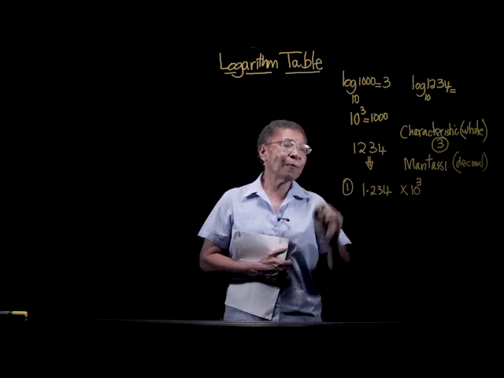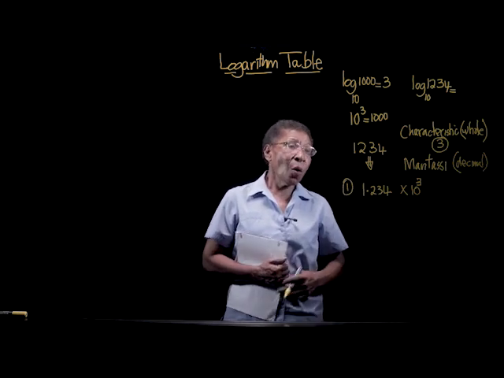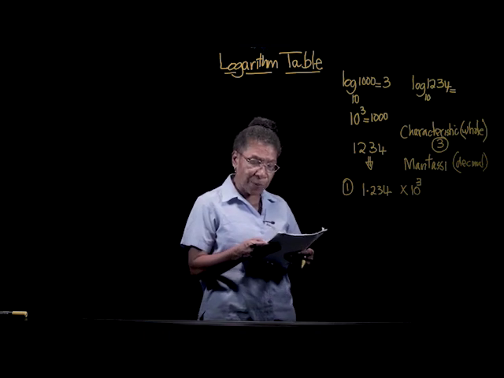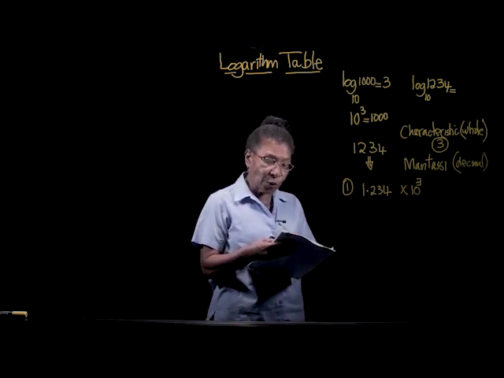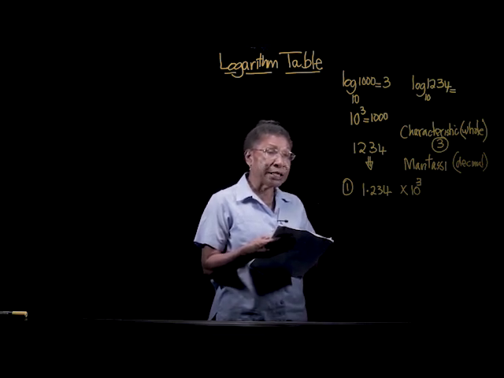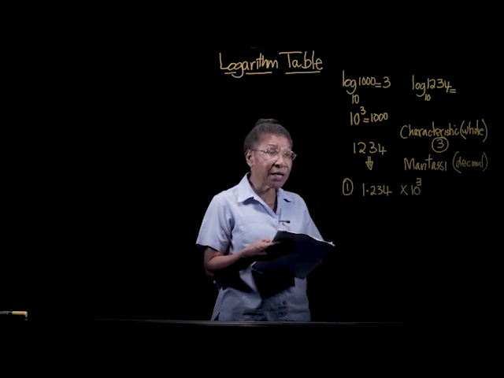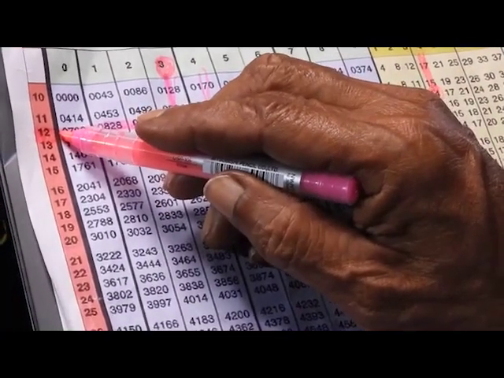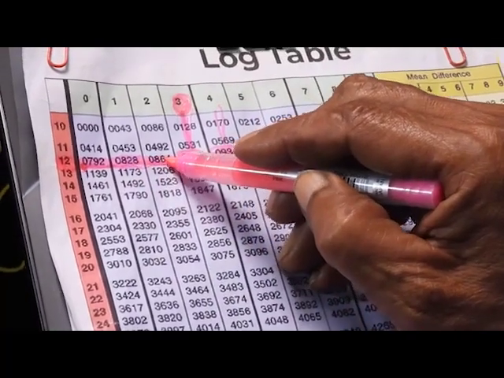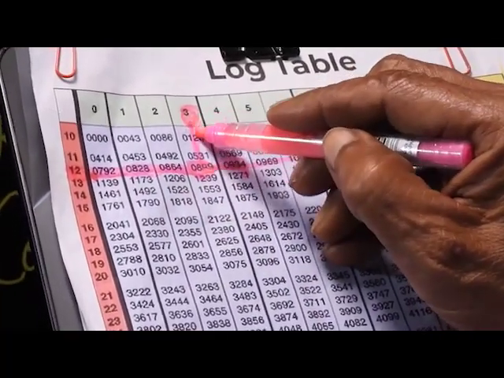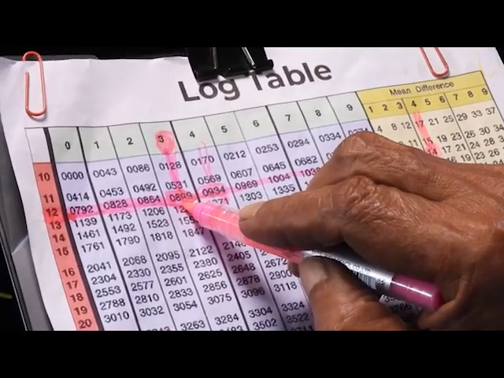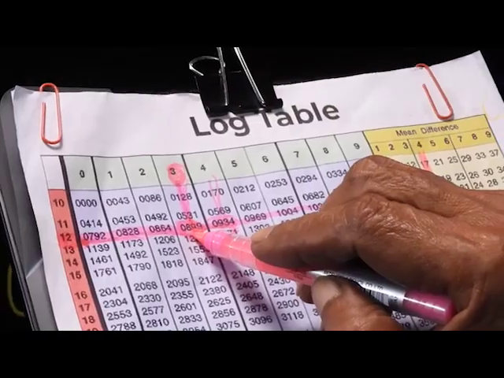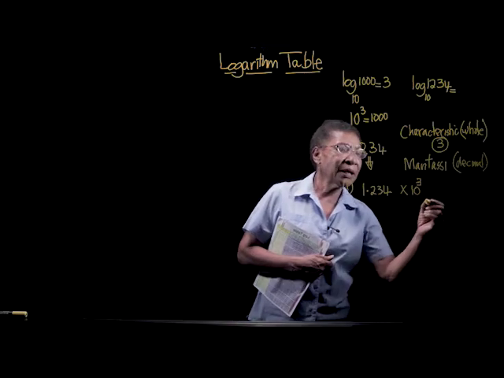I will use 12, and on my table I go to row 12, and then I use 3, which is the column. So I have row 12, column 3, where they meet. It gives me a value of 0.899.